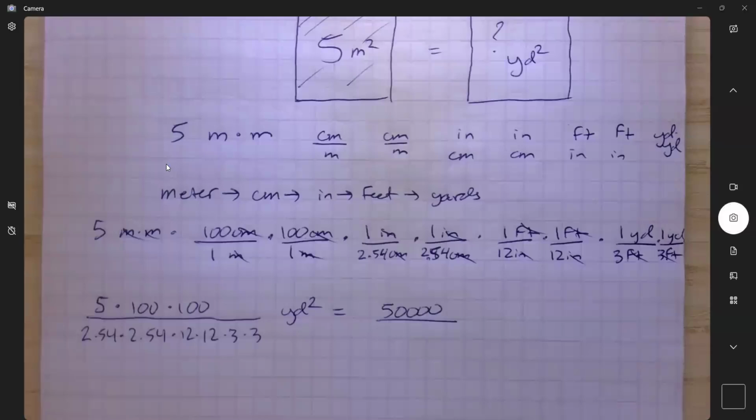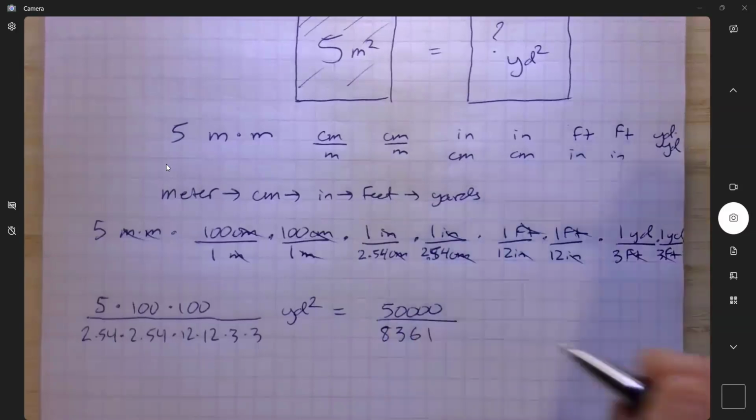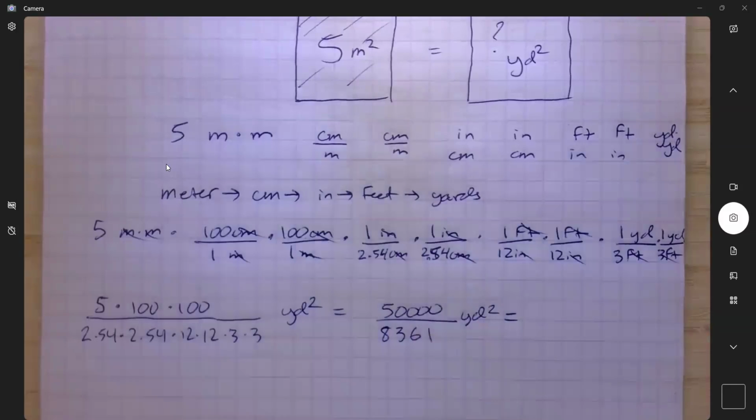So let me grab a calculator here. 2.54 times 2.54 times 12 times 12 times 3 times 3 is about 8,361 yards squared. And then I'm going to get that fraction and I'm going to get a decimal approximation.